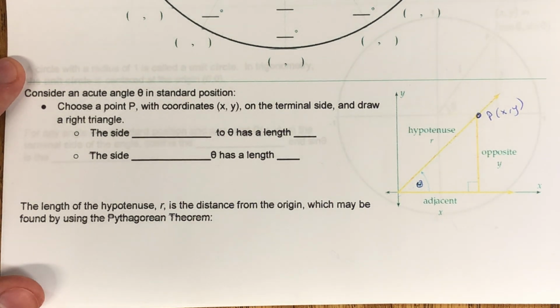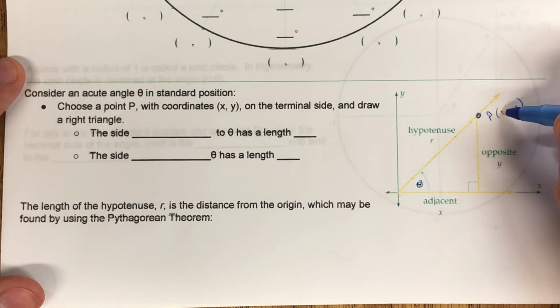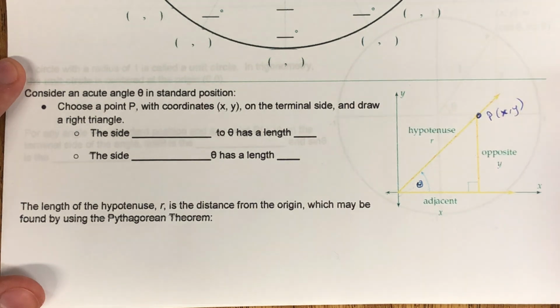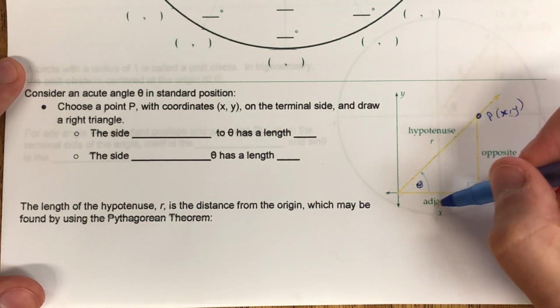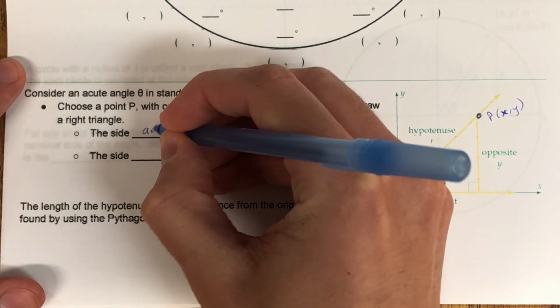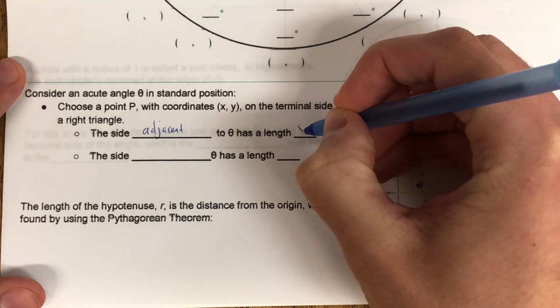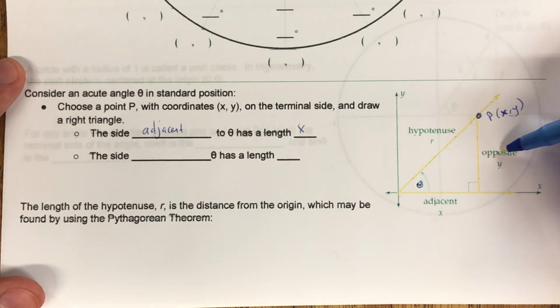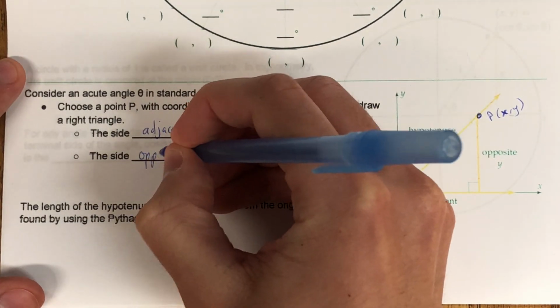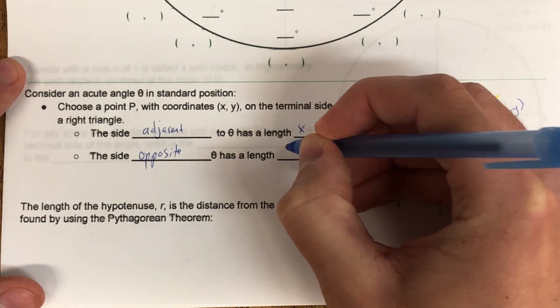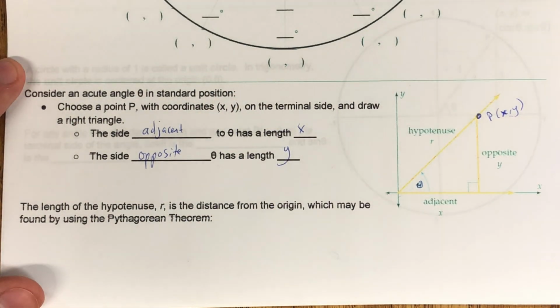We've done all that. If we call this point x, y, then the side adjacent to theta has a length of x, and the side opposite theta has a length of y.